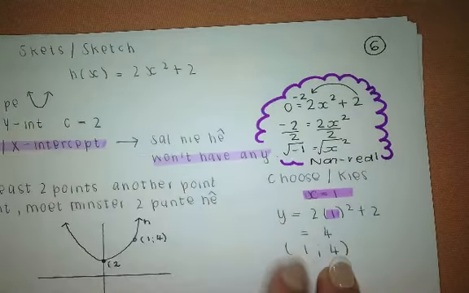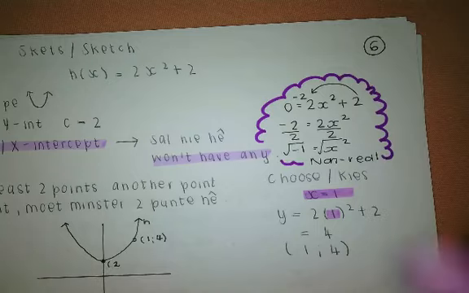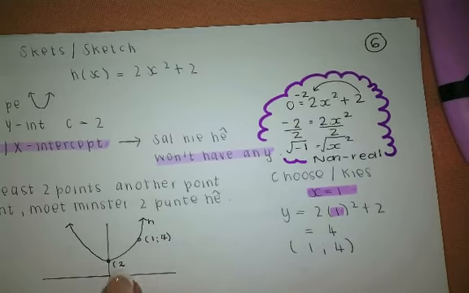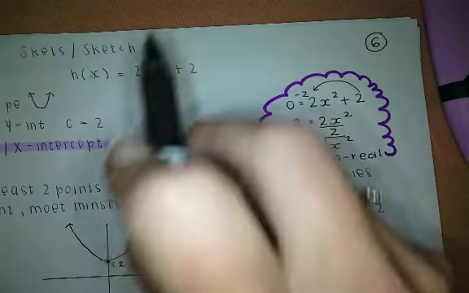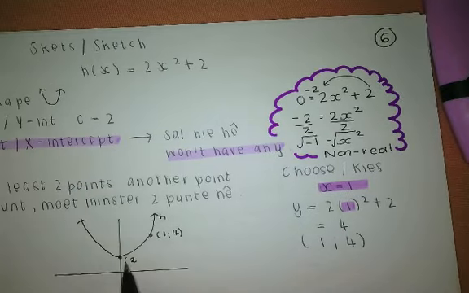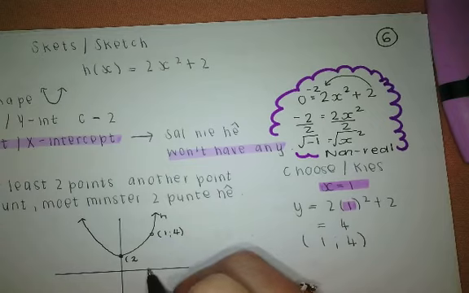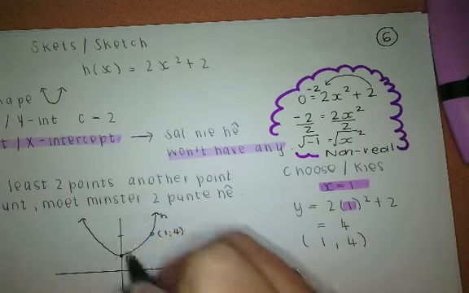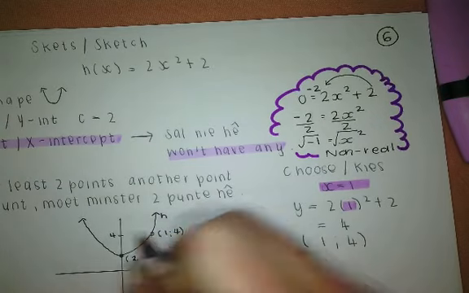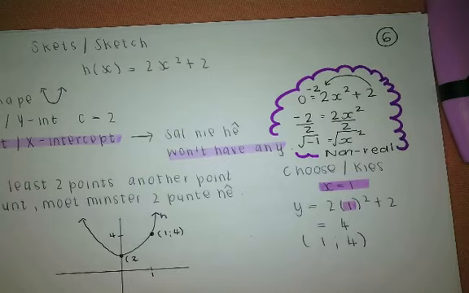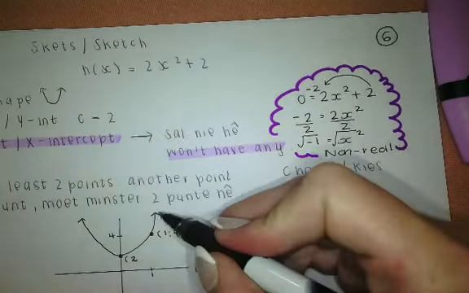So that's my second coordinate. Do you all understand? Now we sketch this. We know that my y-intercept is 2, which we got from our equation, and our second point is (1; 4). So you'll follow on your Cartesian plane and draw your dots.